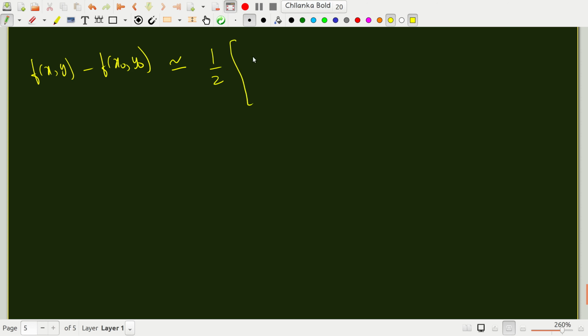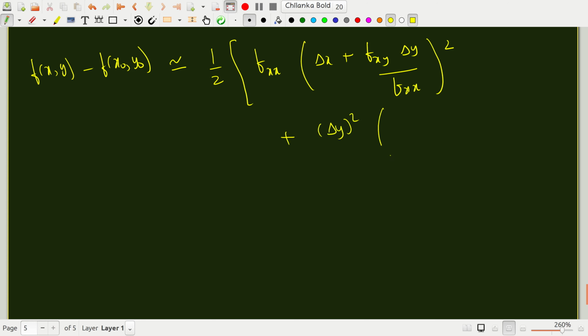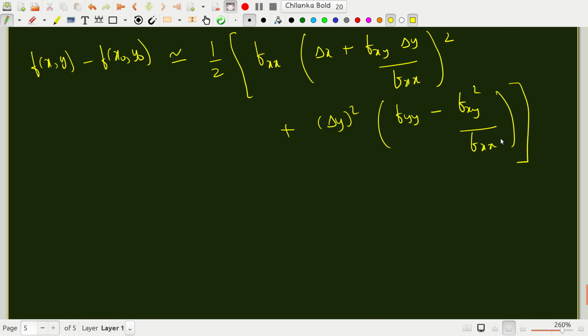The above expression can be rewritten as fxx, the second derivative, times delta x plus fxy delta y by fxx, the whole squared, plus delta y squared times fyy minus fxy squared by fxx. You can verify that all I'm doing is rewriting the previous expression. I've truncated up to second order. Now let's look at conditions for a minimum.